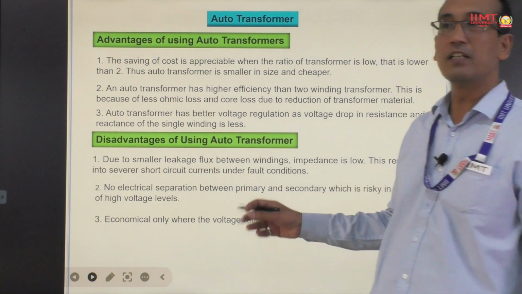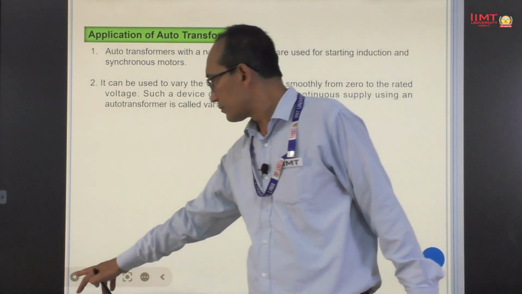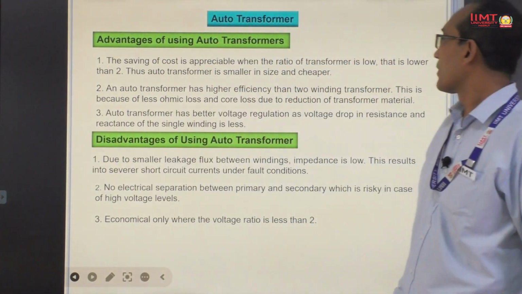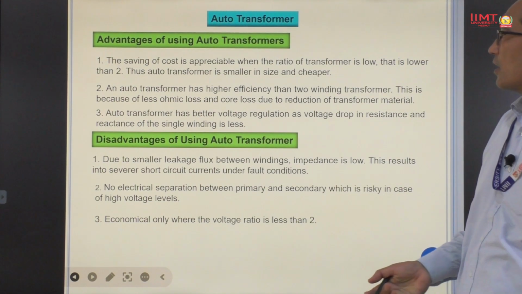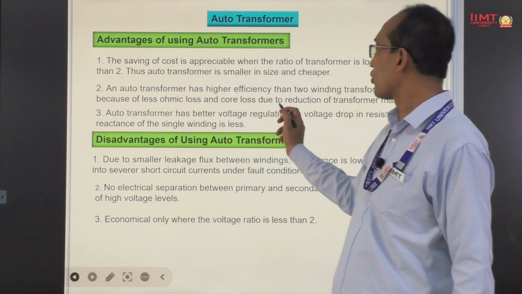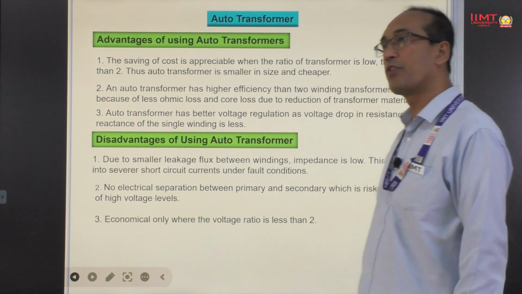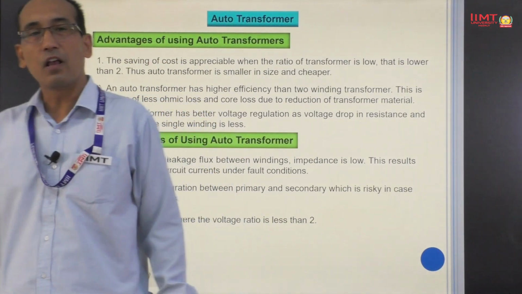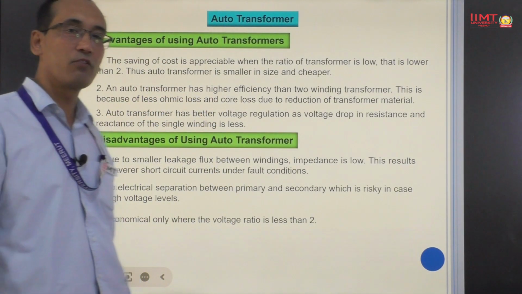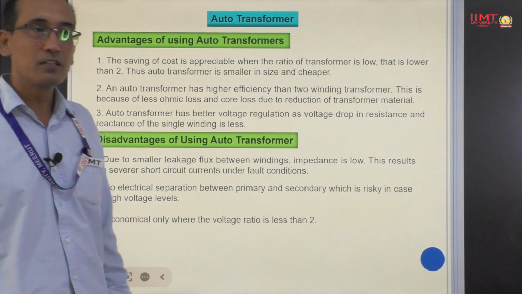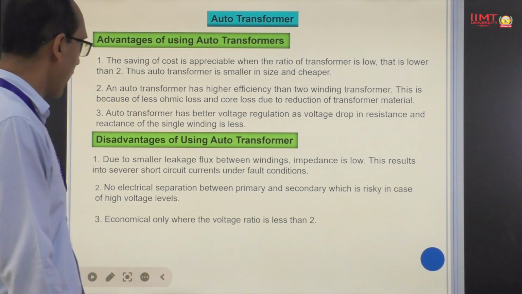We have recently derived this expression about the efficiency, and this is because of less ohmic losses and core loss due to reduction of transformer material. Because a single phase auto transformer uses a single winding instead of two windings, there will definitely be less copper losses, and so efficiency will be higher.